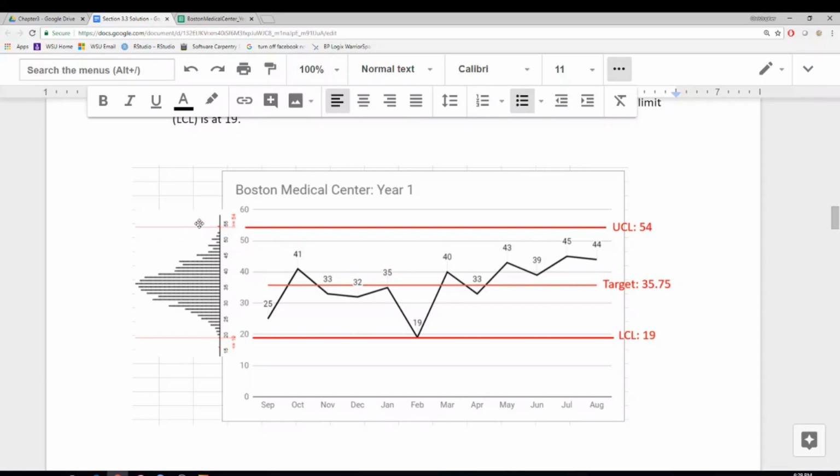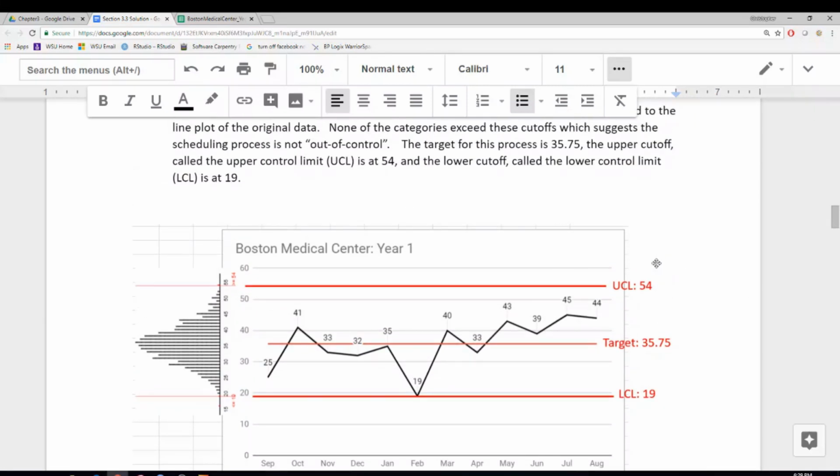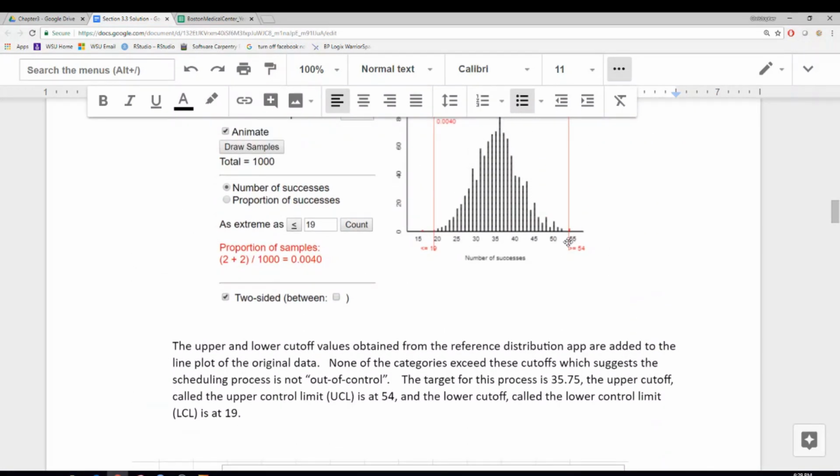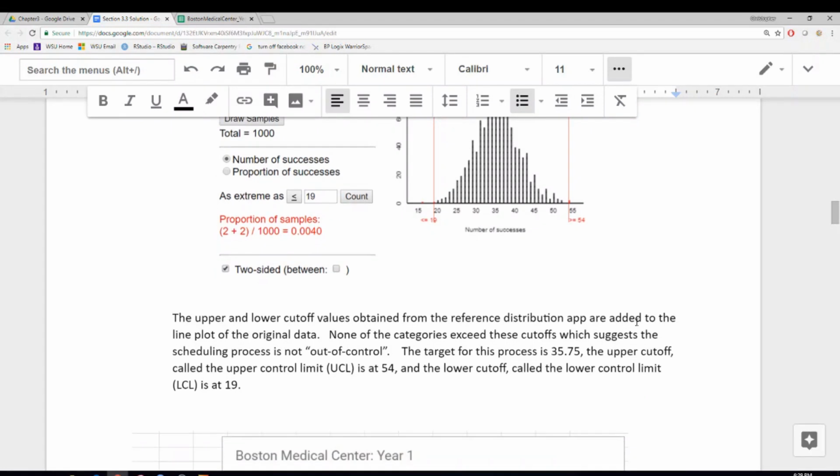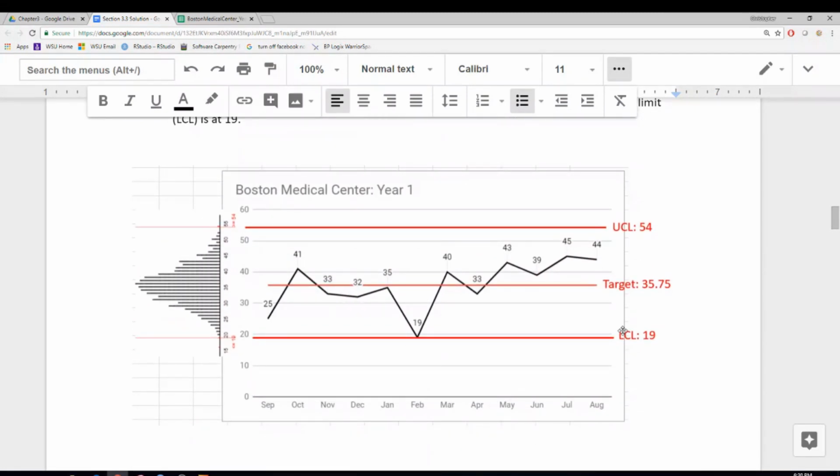And that upper cutoff that I get from this distribution is commonly referred to as the upper control limit, or the UCL value. That's going to be 54 here, again coming from the reference distribution app up above. The lower control limit, the LCL, here is 19. That's just, again, the point on the left or lower end of the distribution that I use to separate the likely from unlikely values.